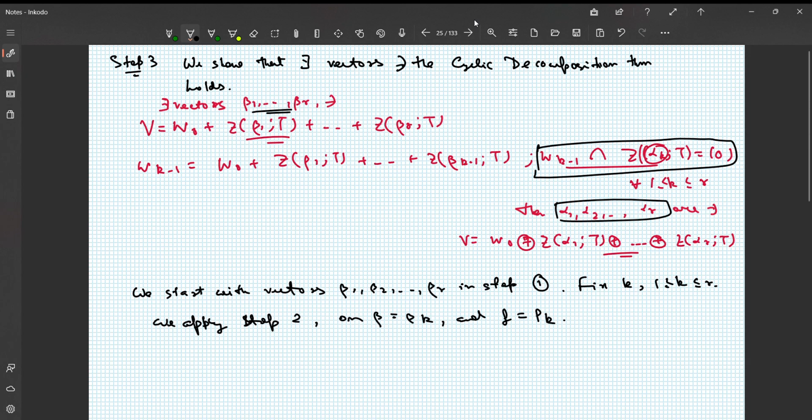So f equal to p k. What do we obtain? We already had a direct sum decomposition. Beta k is an element from W k, right?